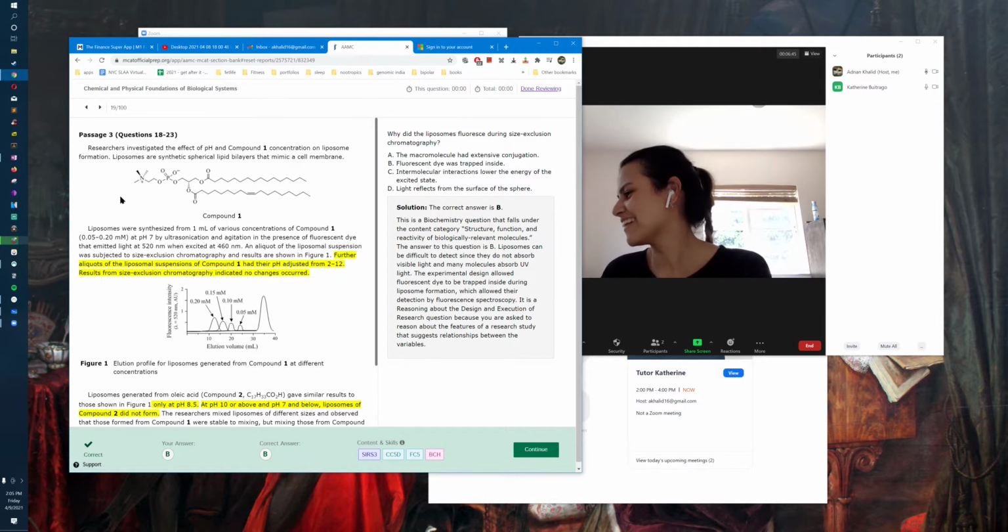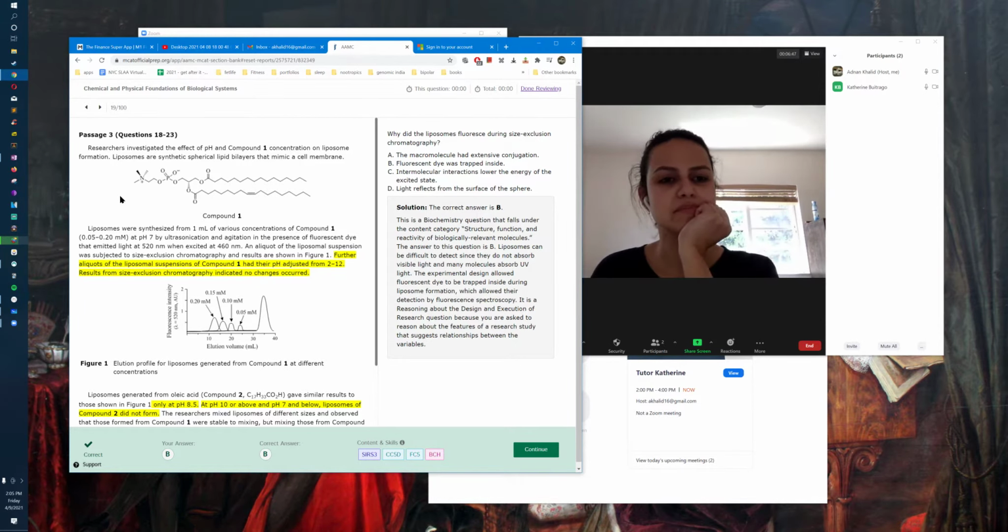Yep. All right. At pH 7 by ultrasonication and agitation in the presence of fluorescent dye that emitted light at 520 nanometers when excited at 460 nanometers. So that's kind of interesting that it absorbs light at 460 nanometers, and it causes an electron to get excited, and then when it goes back down to the ground state, instead of emitting a photon at the same wavelength, it emits one at a longer wavelength.